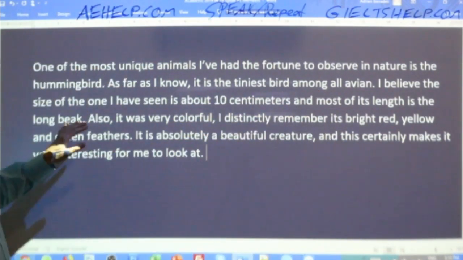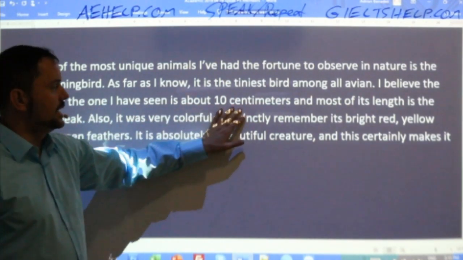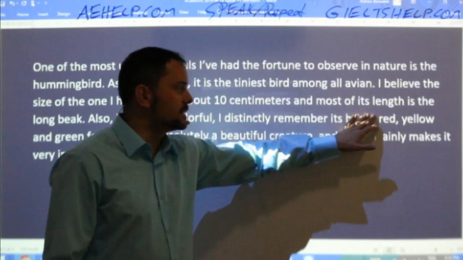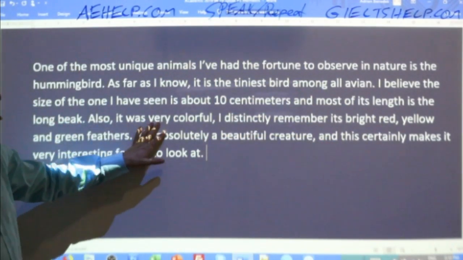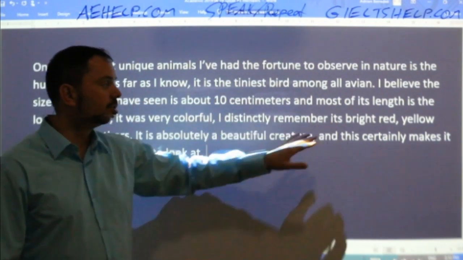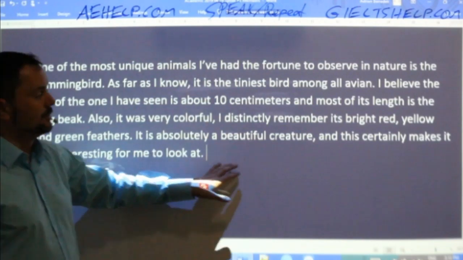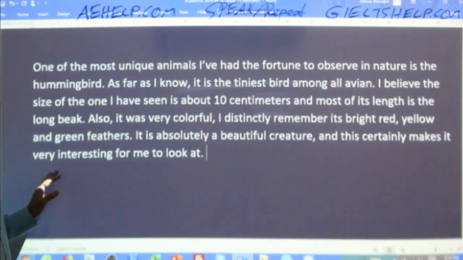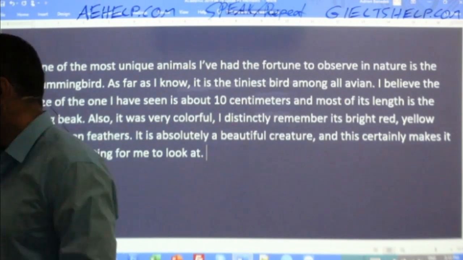I believe the size of the one I have seen is around 10 centimeters, and most of its length is the long beak. Also, it was very colorful. I distinctly remember its bright red, yellow, and green feathers. It is absolutely a beautiful creature, and this certainly makes it very interesting for me to look at. Okay?